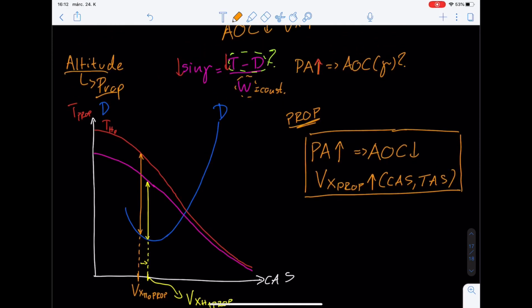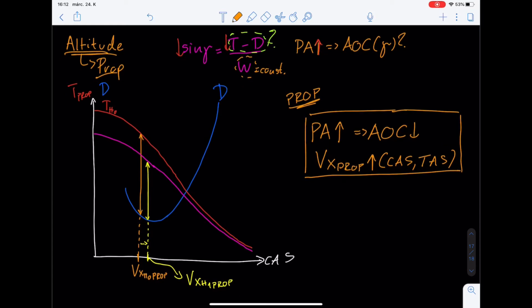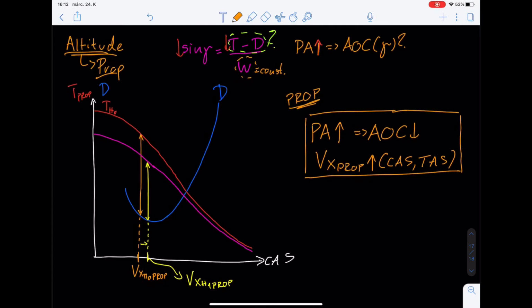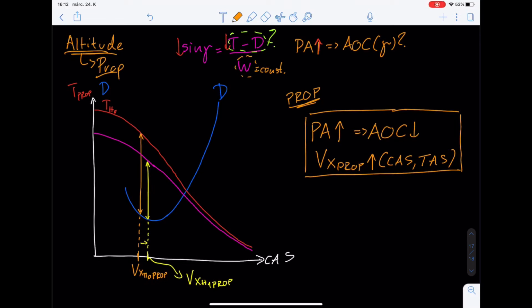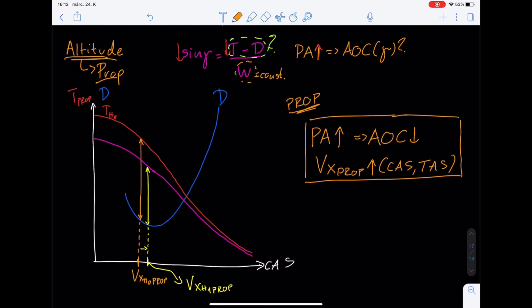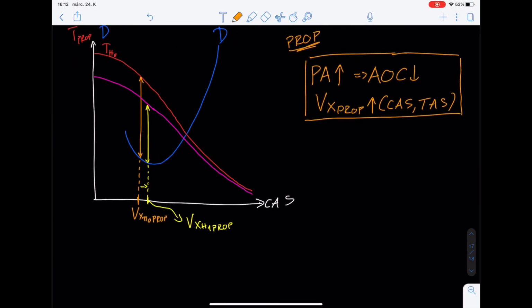Okay, so that's the answer. As pressure altitude increases, the angle of climb reduces, and the Vx, so the speed for the best angle of climb, is going to increase. And what is the effect of the outside air temperature? It's basically the same effect as the pressure altitude.